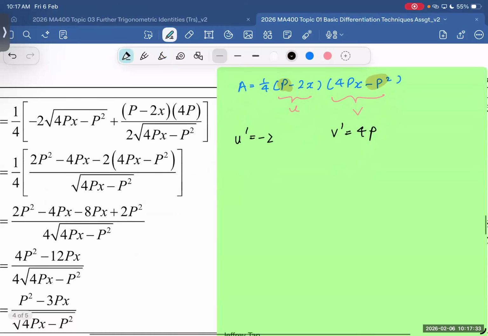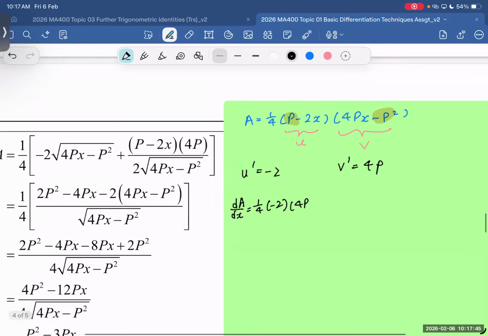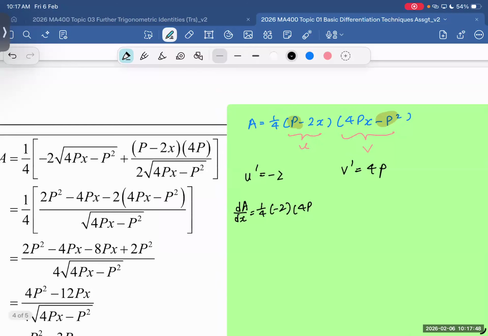Now from here, dA/dx is 1/4 U prime multiplied by V. Did I do something wrong? Yes, I did something wrong. I made the same mistake yesterday. Expand, multiply by 4p.